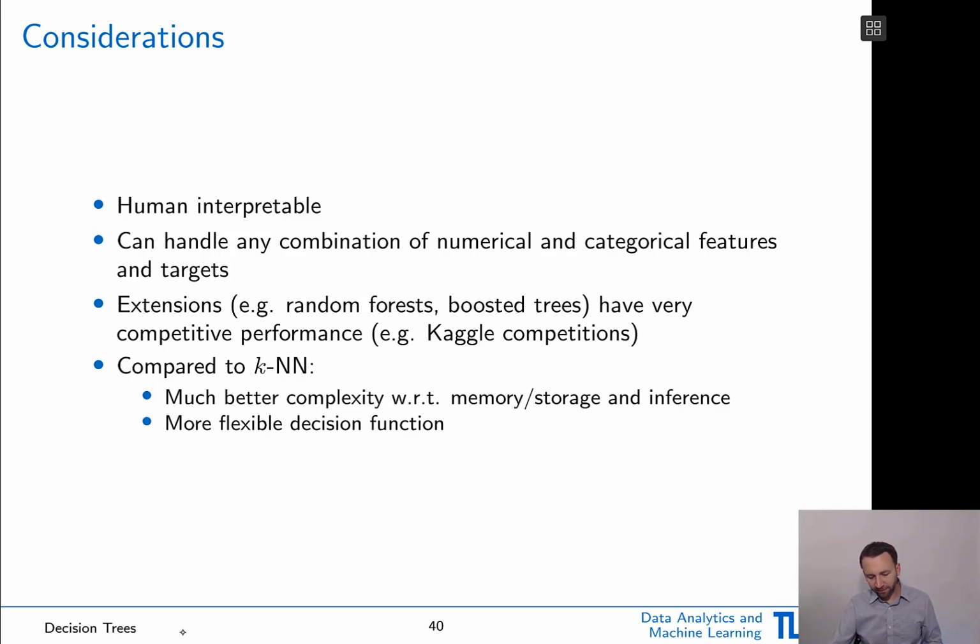Regarding flexibility, in a KNN you only have the choice of the K, but in a decision tree you have much more. So the decision function, in my opinion, might not actually be the main point. Potentially, I would even put it in brackets, because the KNN also allows some flexibility, but again, a decision tree has much more control, so to say, also in the kind of parameters you can pick.